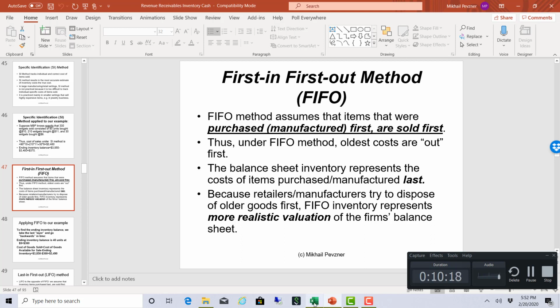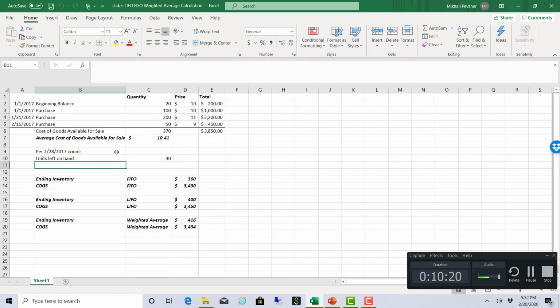I actually created a little spreadsheet just to show how it's done. This is my beginning balance here. These are all of my purchases. I have 370 units available for sale, which is the sum of my beginning balance plus the purchased goods. I know exactly what the value of that is, just price times quantity added up.